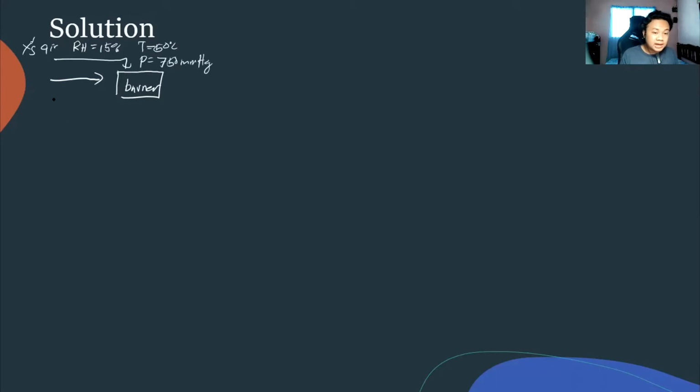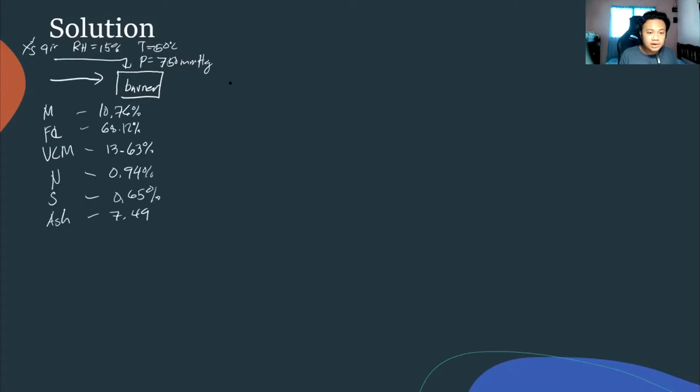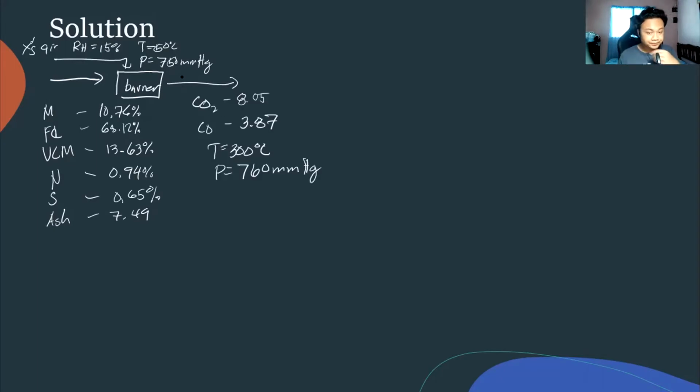Then we have the analysis of our coal, let me just write it. Then we have our stack gas here, with CO2 and CO. So now you're done with the given.